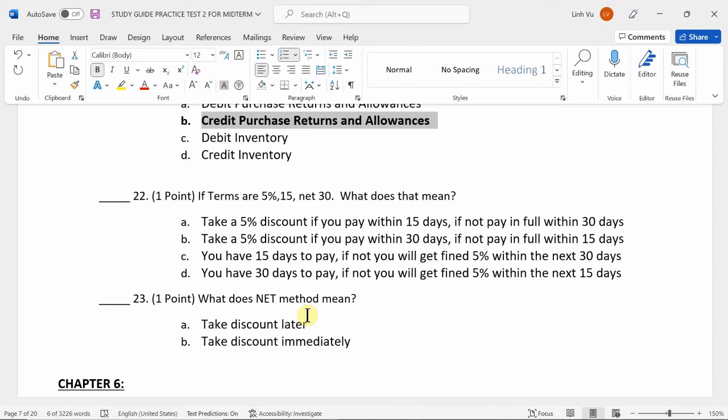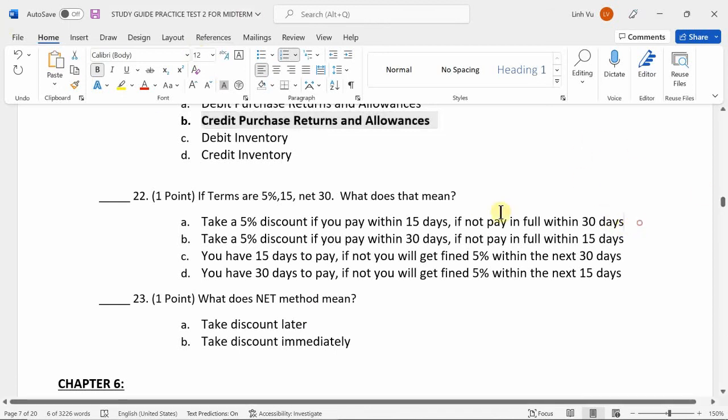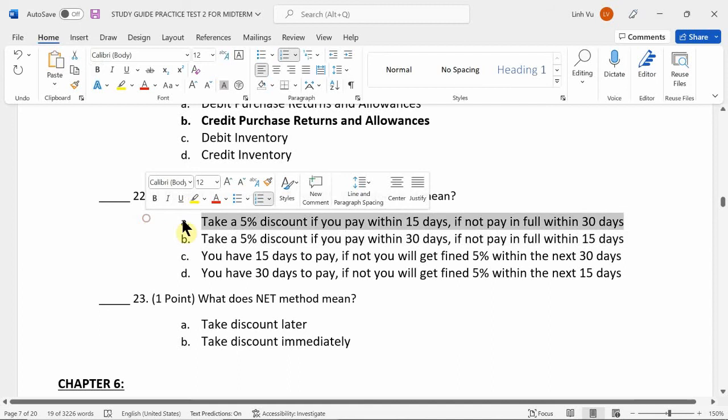If not, then pay in full in 15. That's not correct. C says you have 15 days to pay. If not, you will get fined 5% within the next 30 days. So that's obviously not correct. Therefore, A is your answer here.